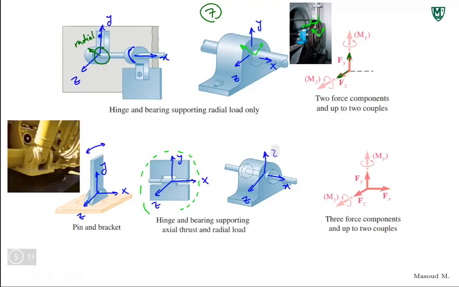I don't know why I put Z, I guess old habit. This is Y, and this is Z. Oh, that was correct. So all three translations are prevented, and so are the rotations except around the x-axis.